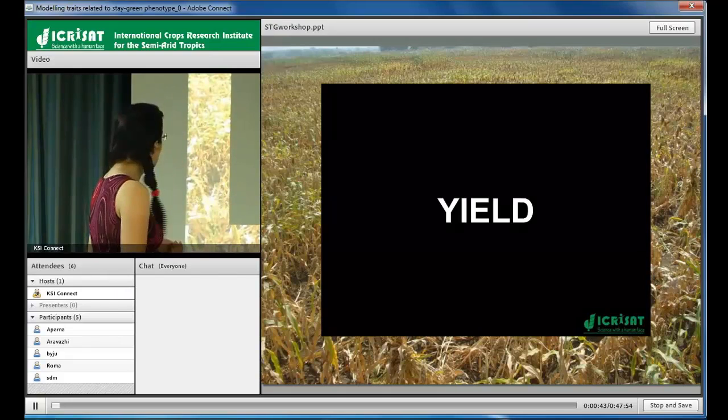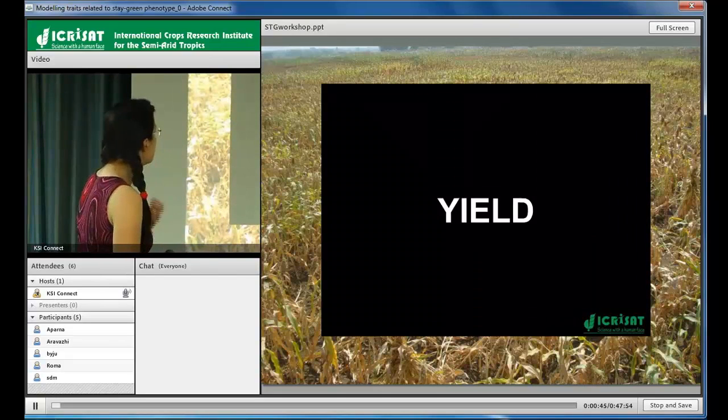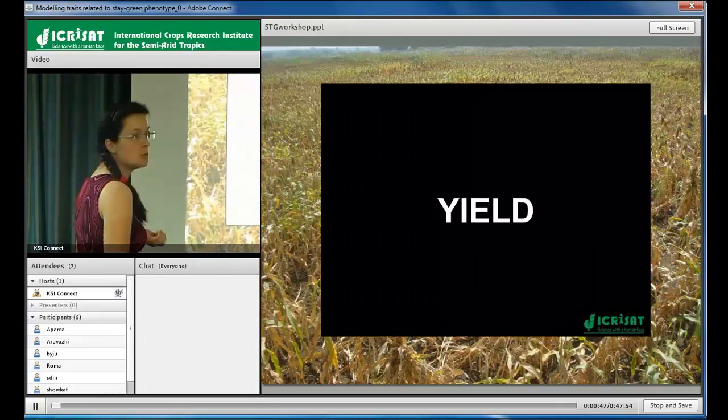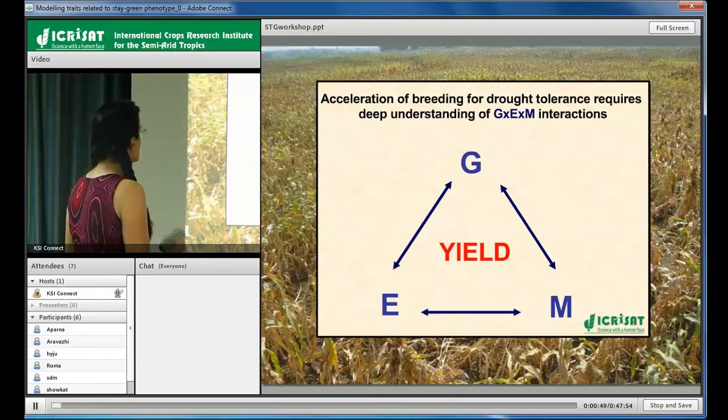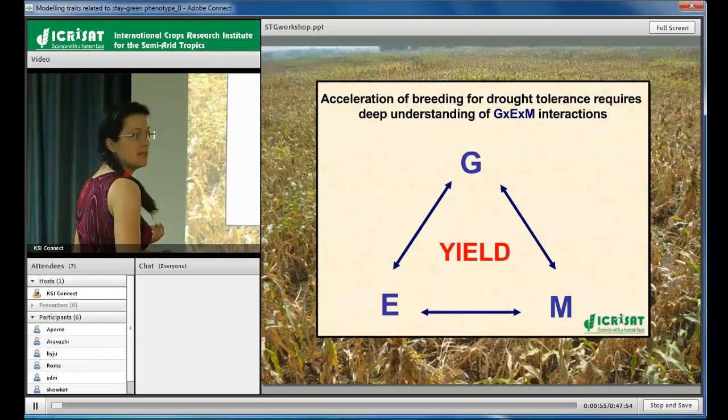So the way I anticipated we can progress with the issue of yield improvement is to dissect and understand the interaction between the crop, like our genotype, environment, and management. And in this regard, the crop model is an excellent tool to dissect and understand these interactions.